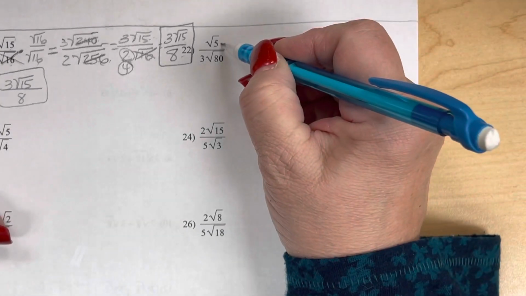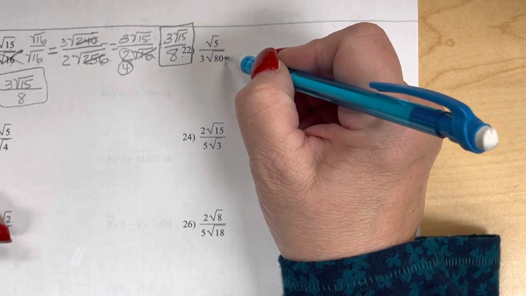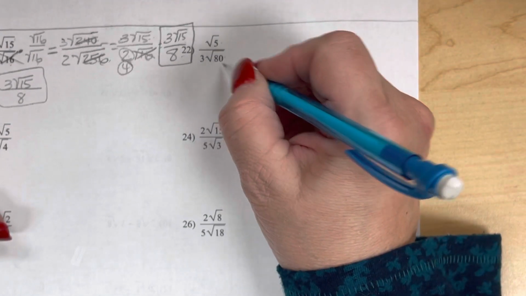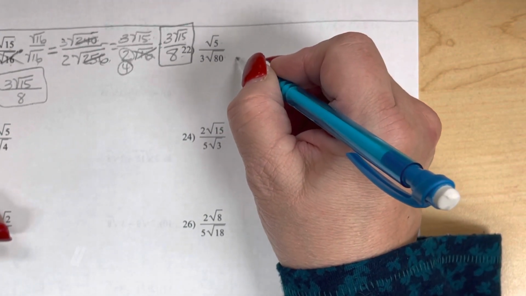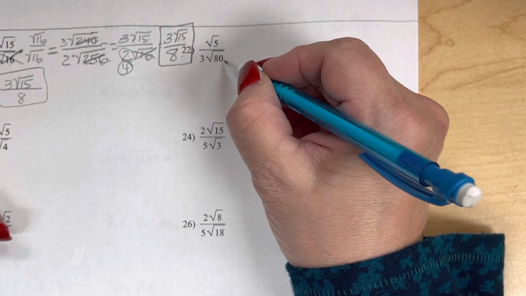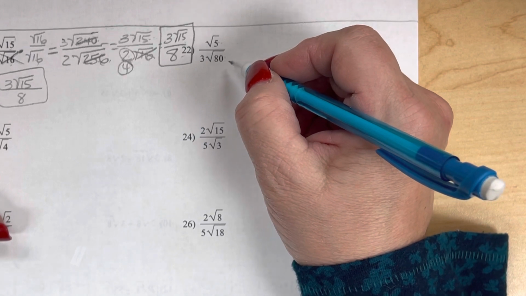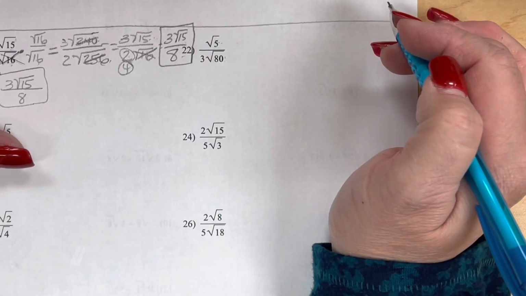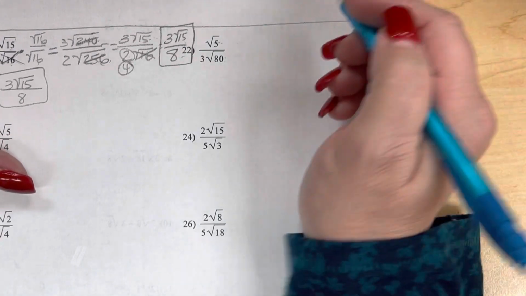All right, look at number 22. You have square root of 5 over square root of 80. Now this one, again, you could go ahead and multiply by square root of 80 over square root of 80, but this can actually be simplified before you ever begin, and that will cut short and especially make your numbers a lot smaller, okay?